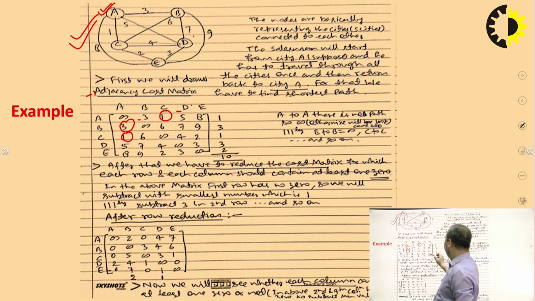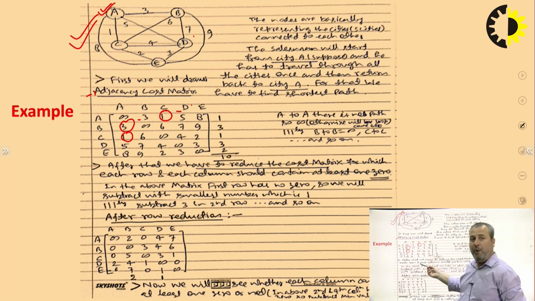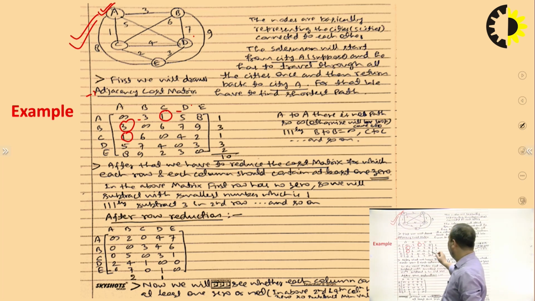And similarly in D, not all are infinite and there is no 0, so we get this minimum element. Similarly here, we find the minimum element of this row. The minimum element will be 2, right? So this is the cost of row reductions. 1 plus 3 plus this will be 10.